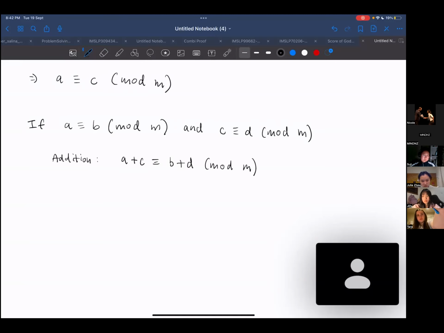It's something that you can just memorize and know that it's true.